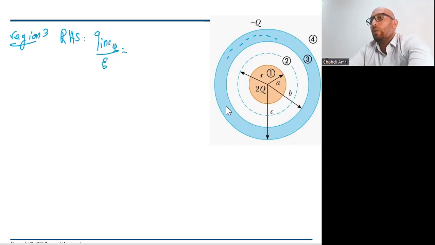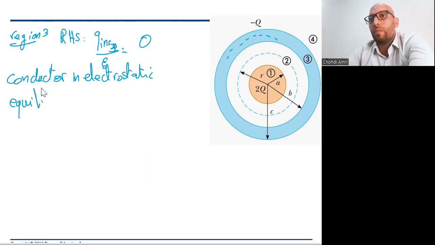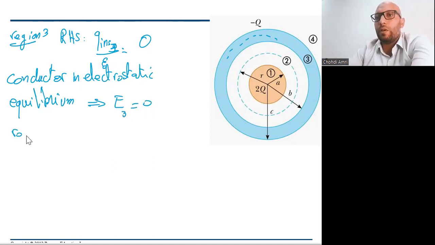What do we have here? We are in which region? We are inside the conductor in electrostatic equilibrium. So the electric field is 0. Okay, region 4.